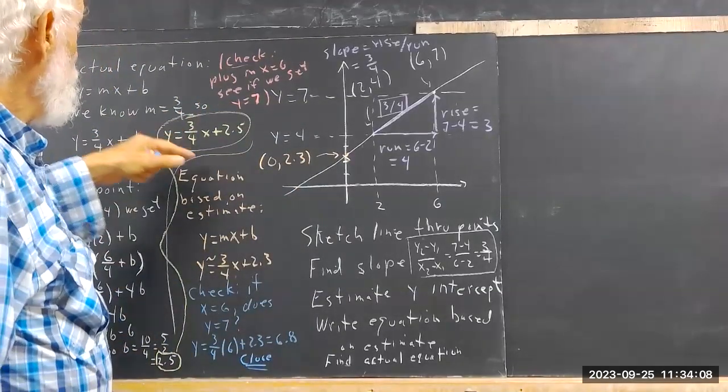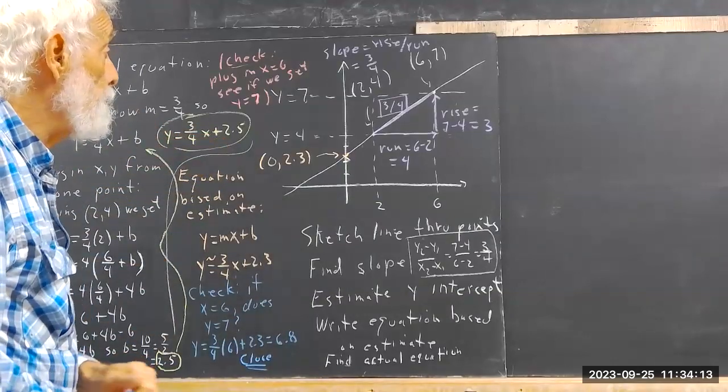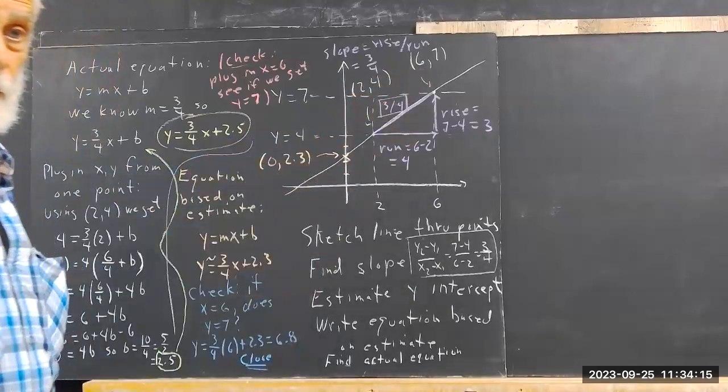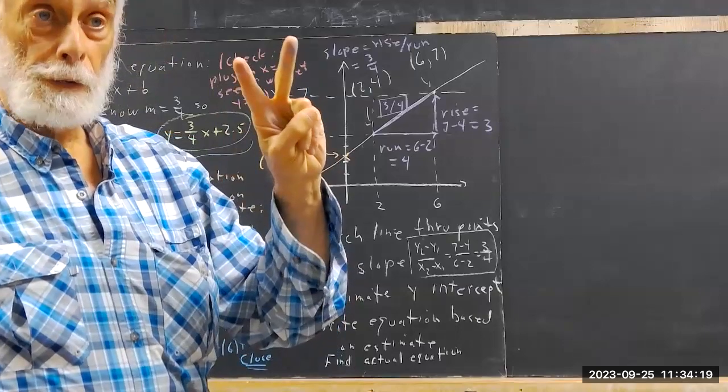And we do. 3/4 of 6 is 4.5. We add 2.5, we get 7. So that's the process of finding the equation of a straight line if we know 2 points.